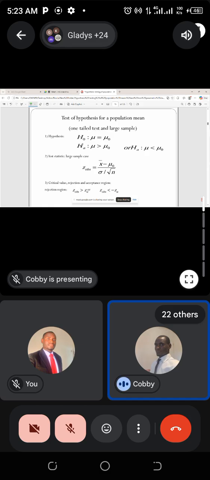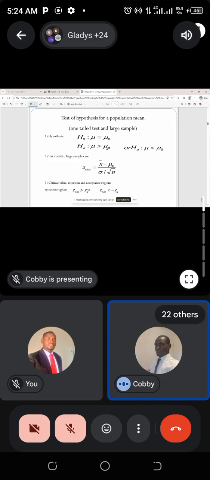Then the alternative hypothesis can say the population mean is greater than the hypothesized population mean, or we can say the population mean is less than the hypothesized population mean. We are not just saying the population means are not equal, like in the two-tailed test. Here we have to specify either we want less or we want greater.